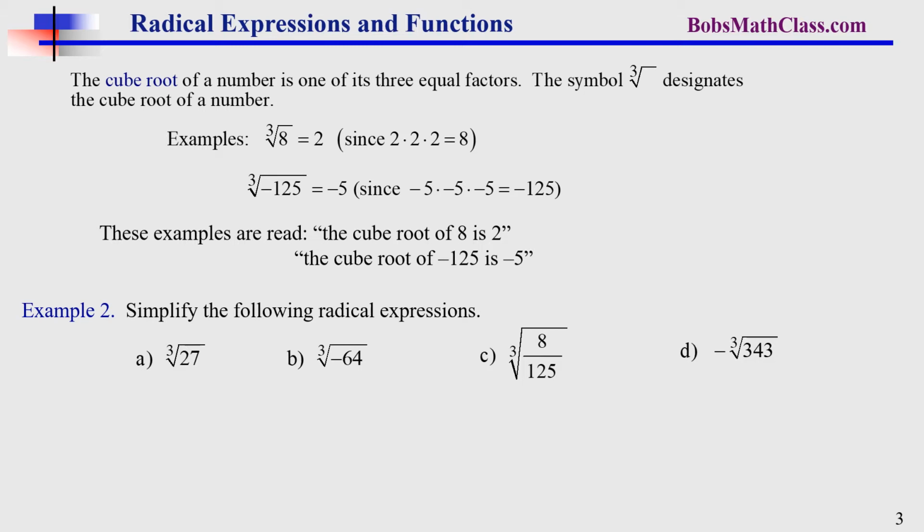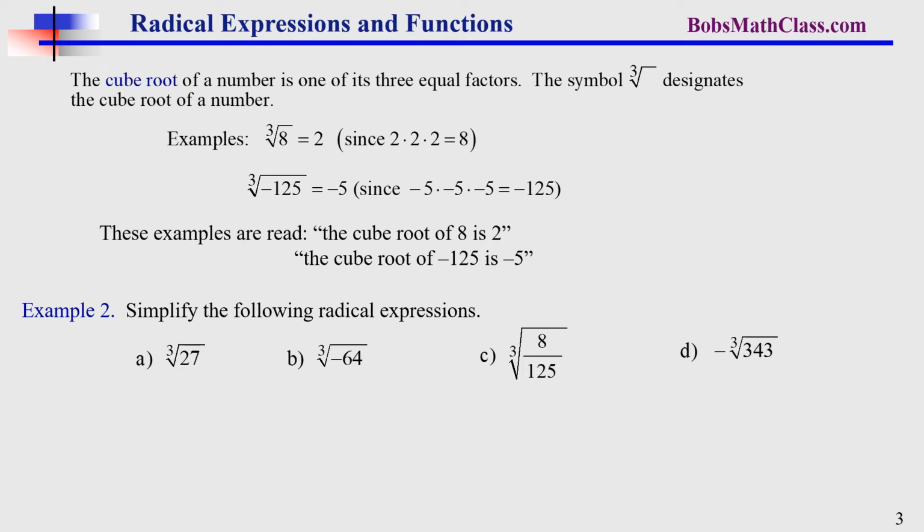It's important to note that the radicand of a cube root can be negative, but the radicand of a square root cannot be negative. If it is negative, the answer is no real number. If a cube root has a negative radicand, then the answer will just be a negative number.